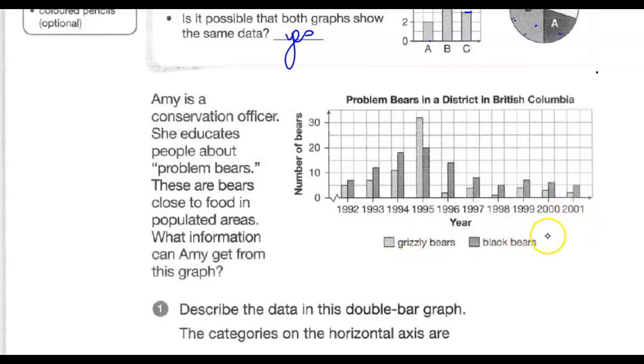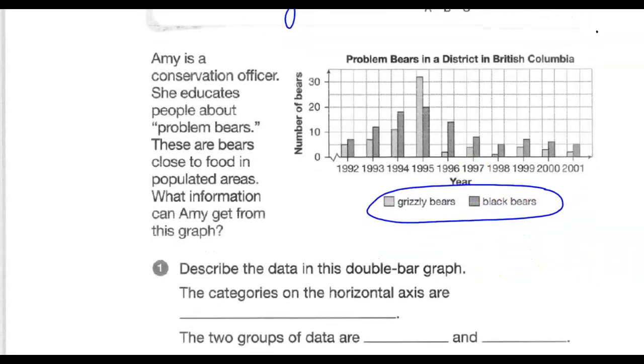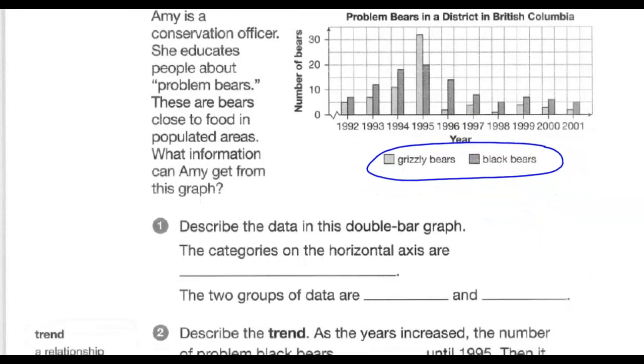Then you have to look at the legend. We often call that the legend. The grizzly bears is the lighter of the 2 bars in each case. Black bears is the darker one. So it says describe the data in the bar graph. And so they have some places to fill in. It says the categories on the horizontal axis are, well, what are they?